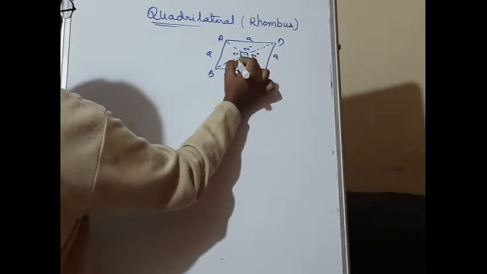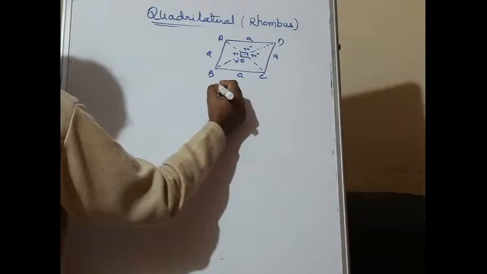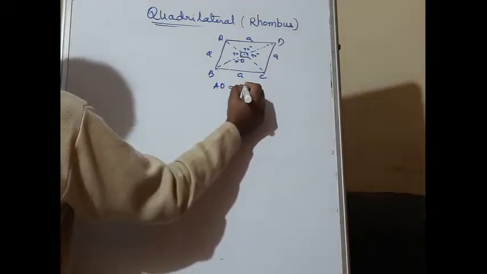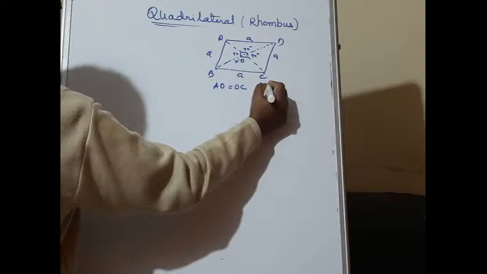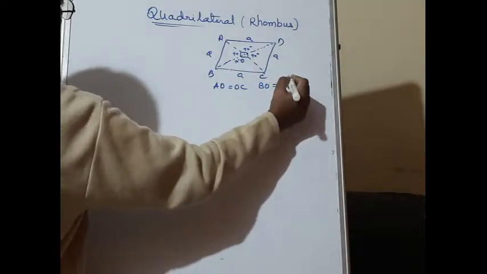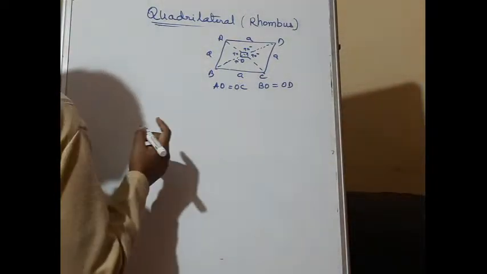And you put AO equal to OC in the triangles, and BO equal to OD. The diagonals bisect each other. You put it, it's very important. Half of it will cut off.